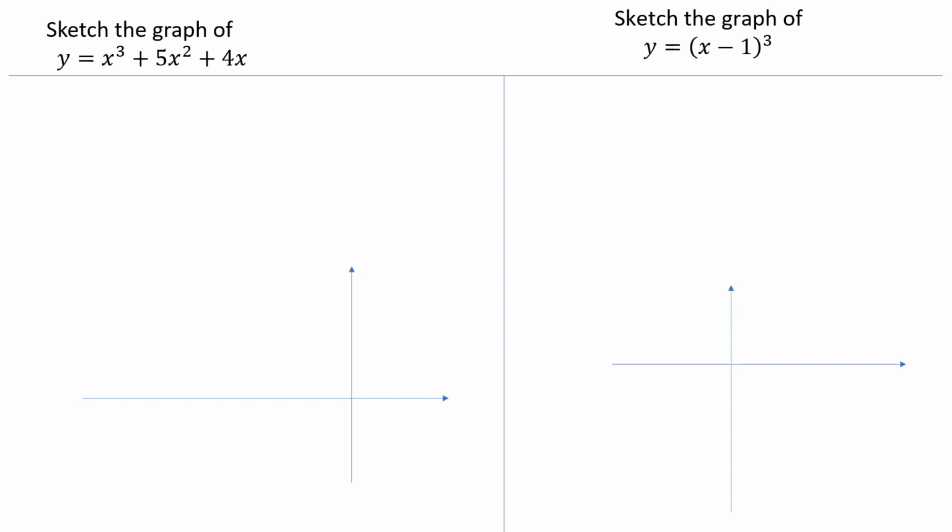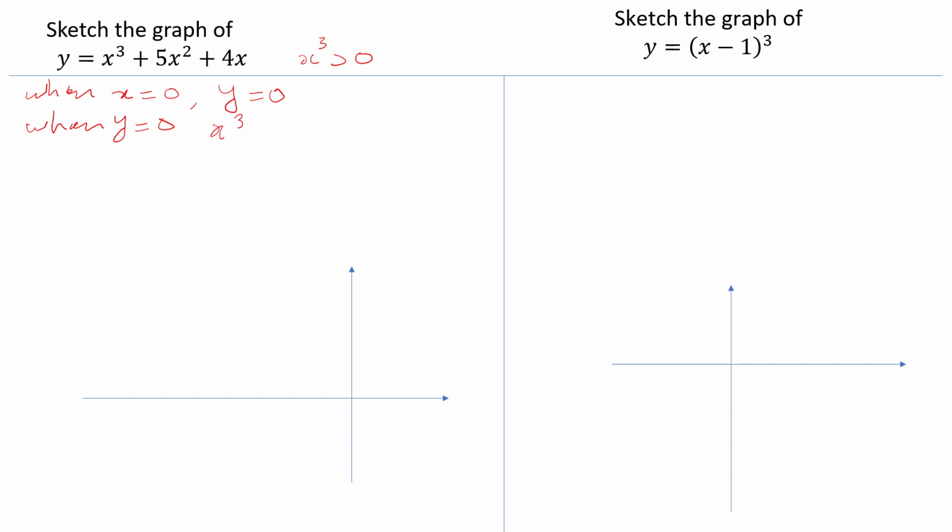Get the graph of y equals x cubed plus 5x squared plus 4x. Here x cubed is greater than 0, positive. When x equals 0, find the y value. So y equals 0. Now when y equals 0, we need to find the roots.